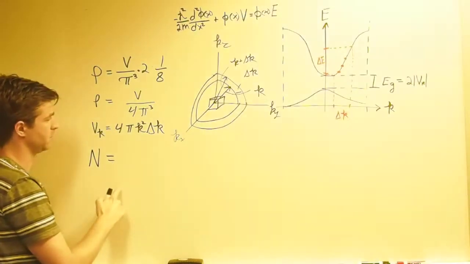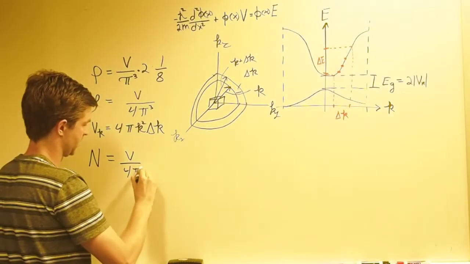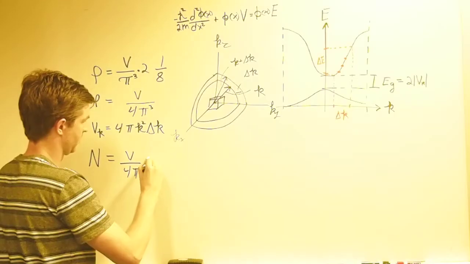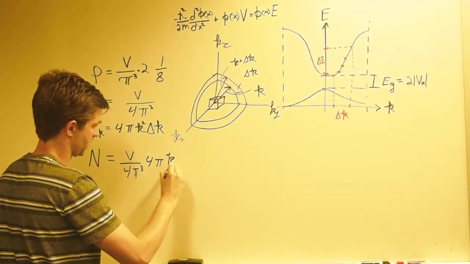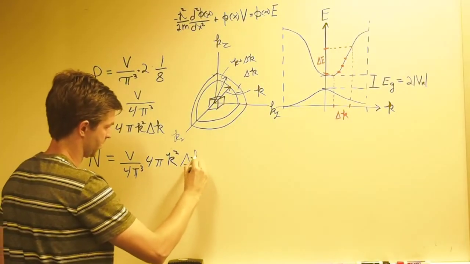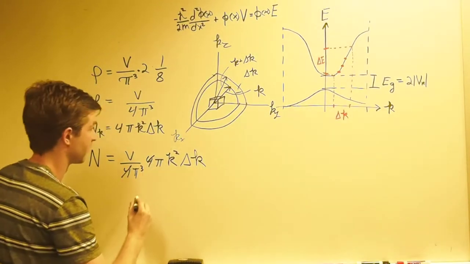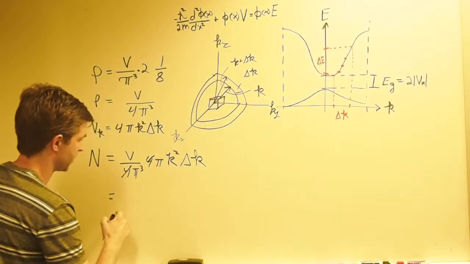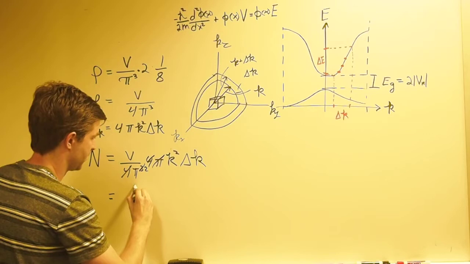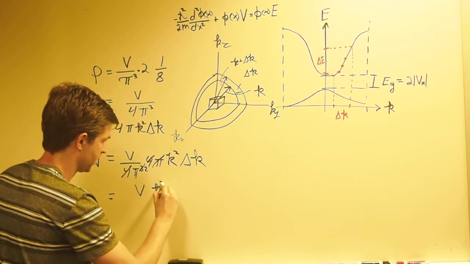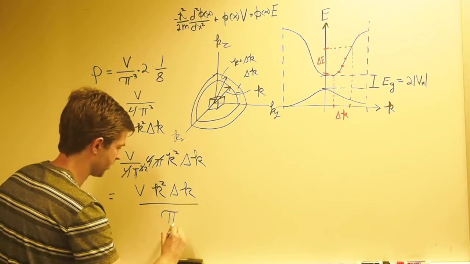is equal to V over 4 pi over 3 times 4 pi K squared delta K. Okay, cool. All right, well, that's going to cancel out. That's going to cancel out. And I can rewrite this as V K squared delta K over pi squared.